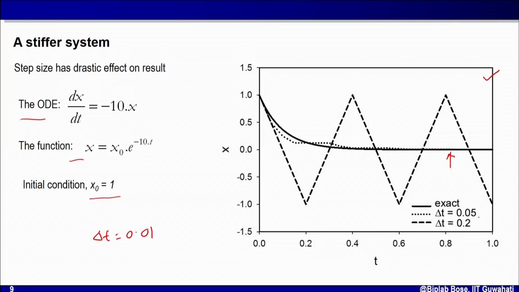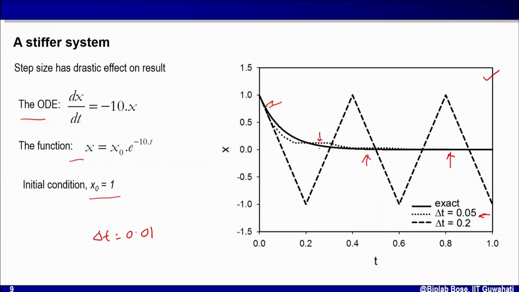If you take delta t slightly bigger, 0.05, which is shown in the dotted line here, you can see for most of the part here and here, it is similar to the analytical method, but in some portion it is deviating and we have some error.